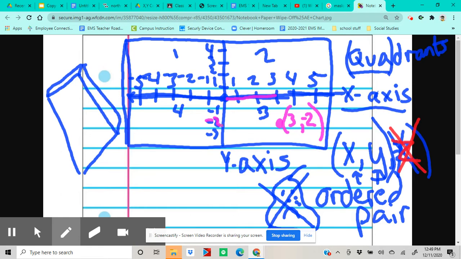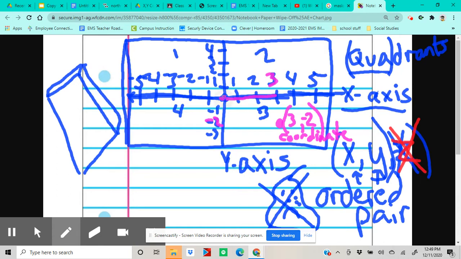That, children, is how you find coordinates. And when it has this address, we call that a coordinate. So again, the X will be the first coordinate, the Y the second.